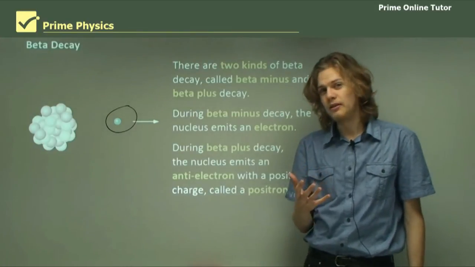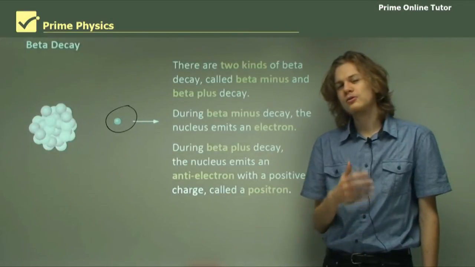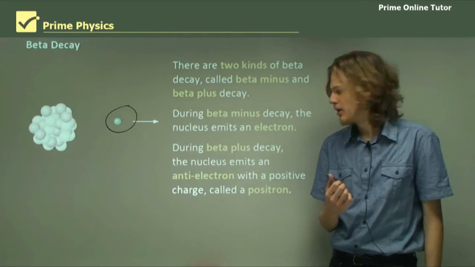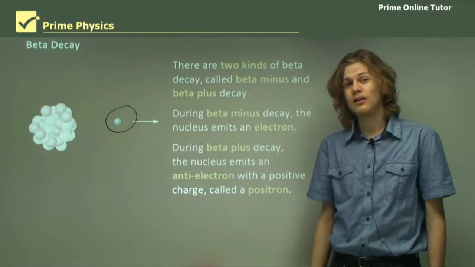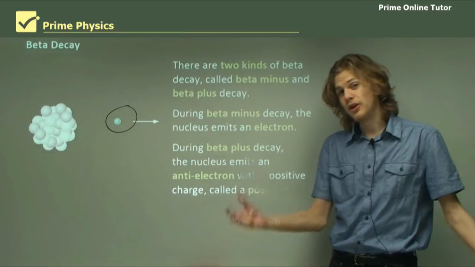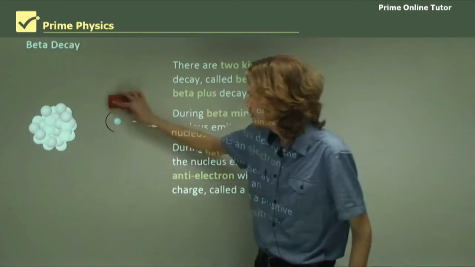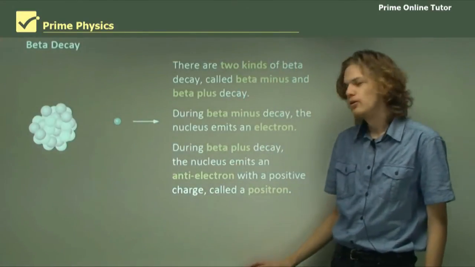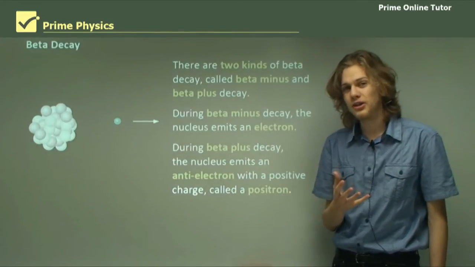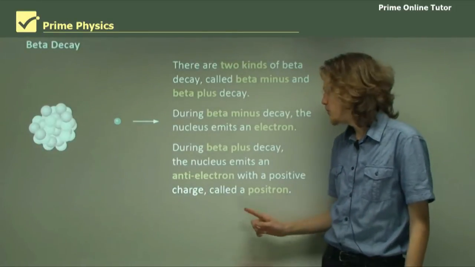During beta plus decay, which as I said is similar to beta minus, the nucleus emits a particle of antimatter called an anti-electron or a positron. Now these are just the same as electrons, except that they're positively charged instead of negatively charged. And if one touches an electron, both of them will disappear. Obviously they're called beta minus and beta plus because the particles in beta minus decay are negatively charged, and the particles in beta plus decay are positively charged.